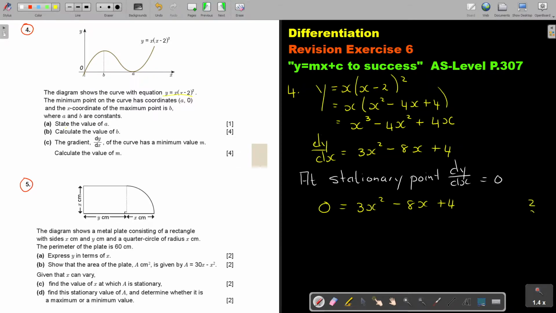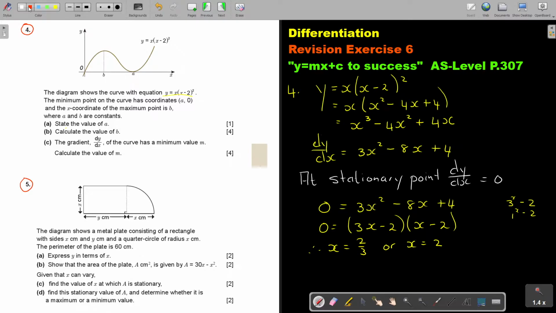Now let's see, 2 and 2 and 3 and 1, because it's in group A, so it's going to be 6 plus 2, and that's 8. The signs are the same, negative, negative. So it's going to be (3x minus 2)(x minus 2). So therefore, x is equal to 2 over 3, or x is equal to 2.